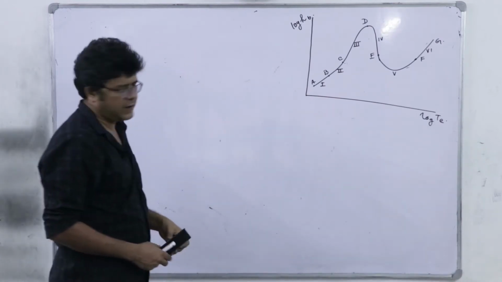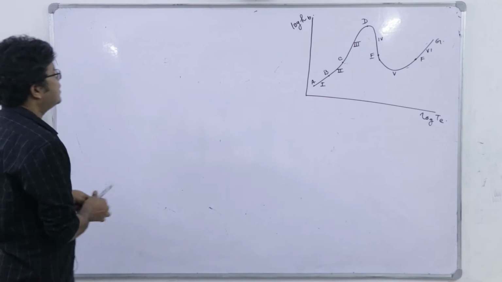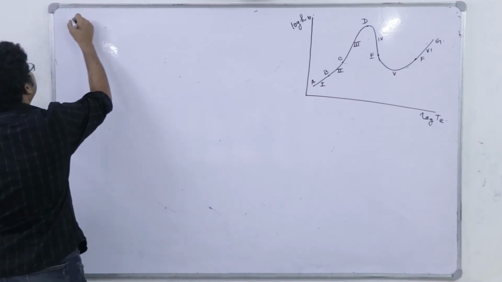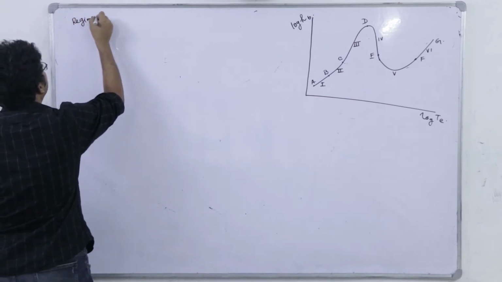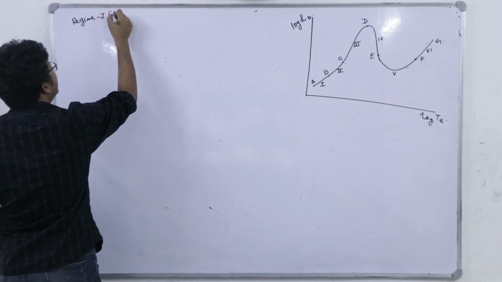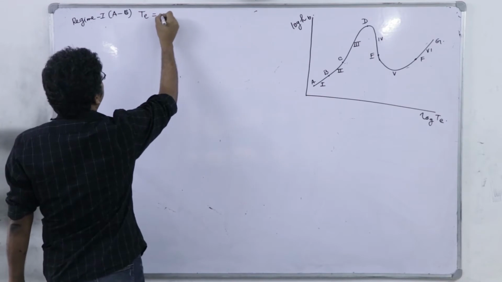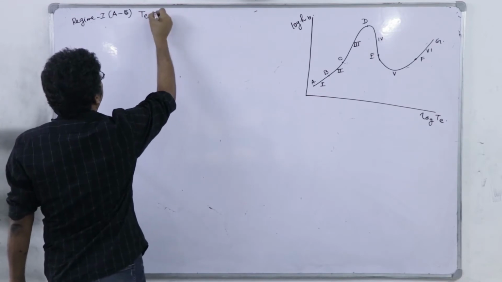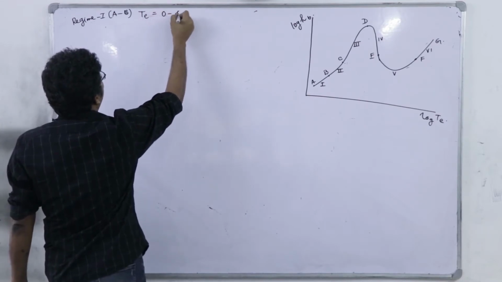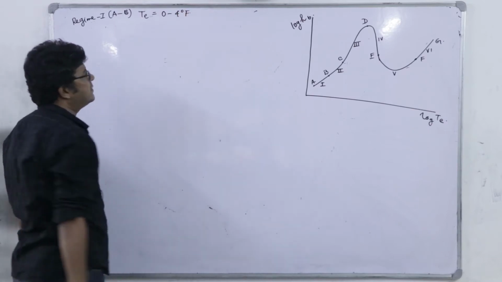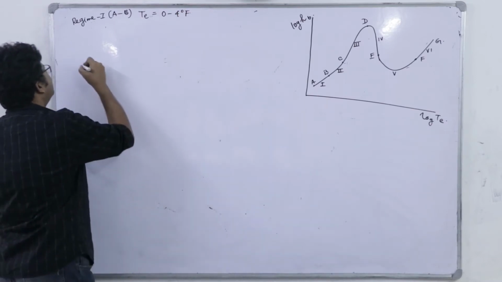So, you see when we apply a very small excess temperature, let us discuss regime 1, A to B. Here excess temperature is around 0 to 4 degree Fahrenheit, very small excess temperature. And what is the situation?